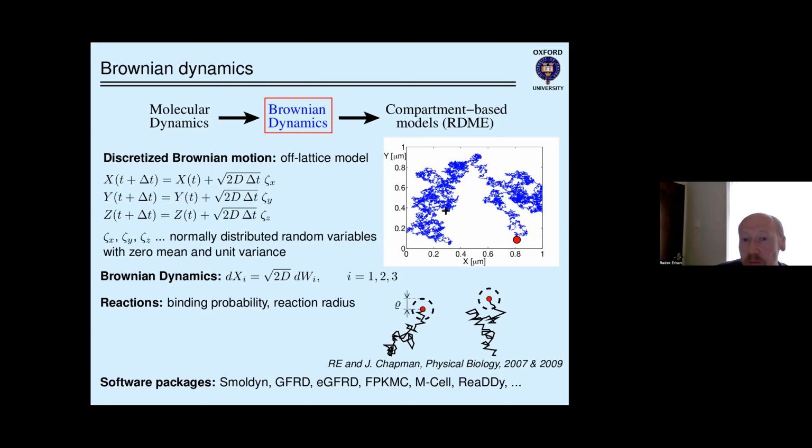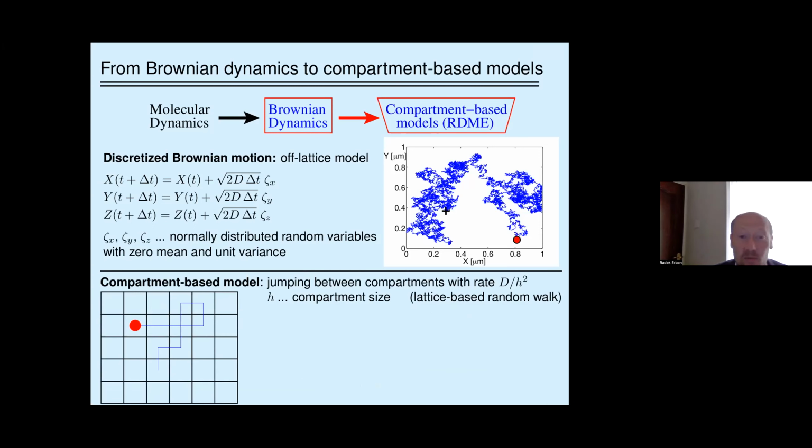So this is Brownian dynamics. Now compartment-based modeling, which I introduced in my tutorial on a one-dimensional model. I'm not simulating individual molecules, but I take my domain and divide it into compartments. Here it's a 2-dimensional domain, divided into squares. In a real simulation, it would be cubes, and I describe the system by the number of molecules in each compartment.